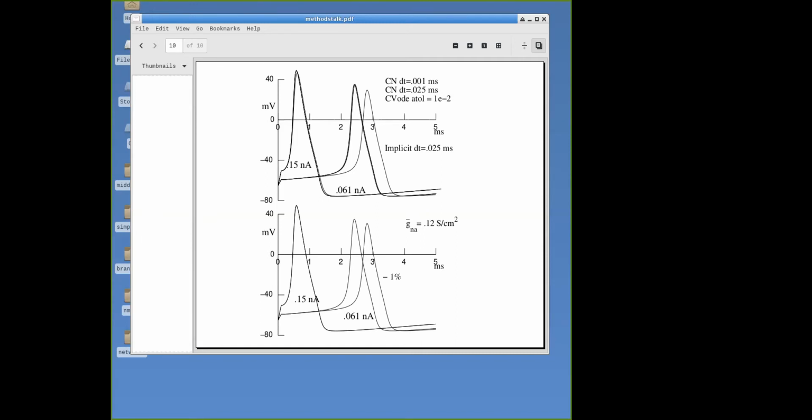This first cluster of traces are numerical solutions for a single compartment model with Hodgkin-Huxley, and the stimulus for this first set of solutions is big enough to robustly initiate a spike. It's a relatively large stimulus, 0.15 nanoamps.